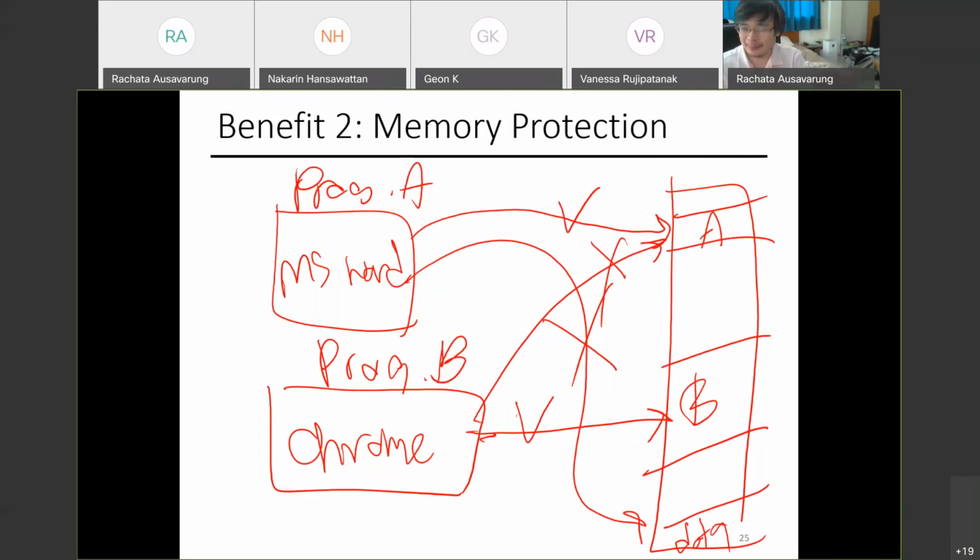Basically, what these protections do is they prevent illegal accesses, right? It makes sure that if I run this program, this new program cannot modify the content of another program. It protects against illegal modification to my data from another program.